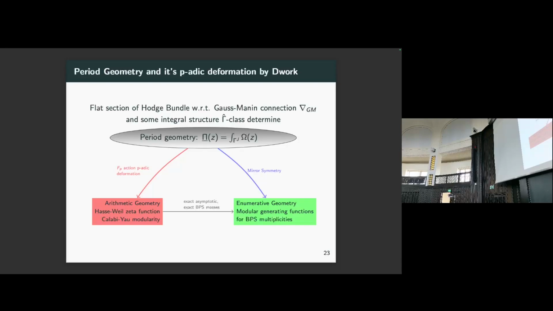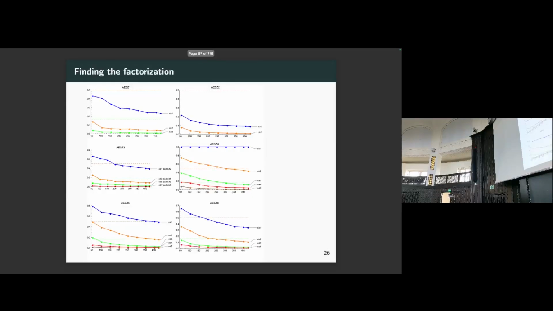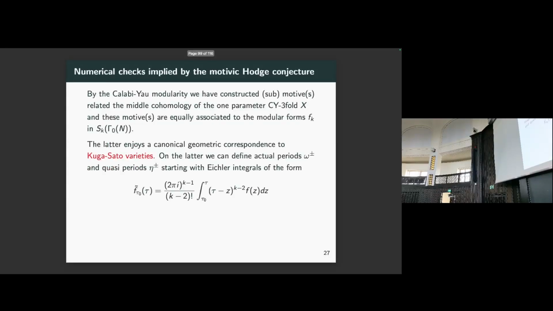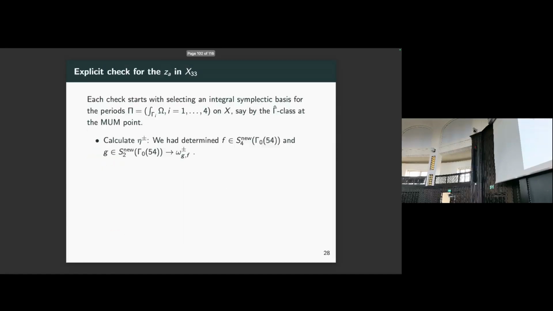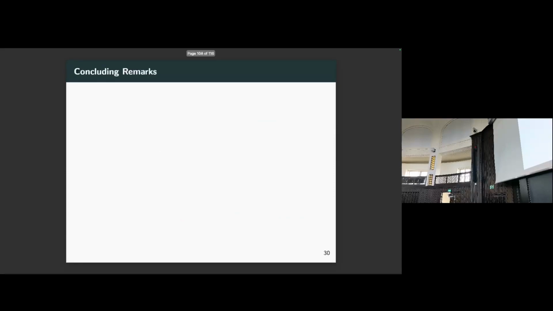So you don't have to count very far to say there must be some relation between these two things, but I don't know exactly what it is. So let me come to the conclusion. This is about the Dwork deformation method, which, by the way, also helps you to find the attractor points. Let me make some concluding remarks.